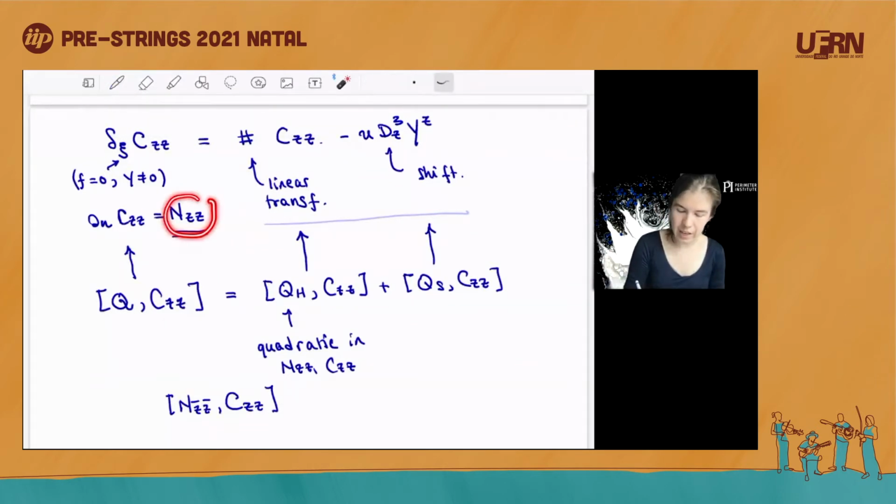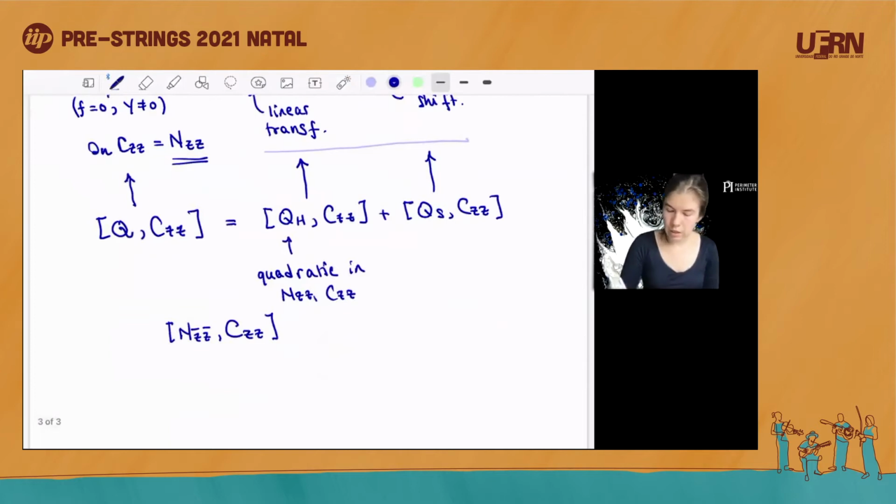This NZZ is like a momentum and this CZZ is like a position operator. So you're going to obey some canonical commutation relations. Oh, sorry, here I should say CWW. This would be evaluated at u, z, z bar, and this at some u prime, w, w bar. And this commutator is going to be proportional to delta functions: a delta function in z minus w and a delta function in u minus u prime.